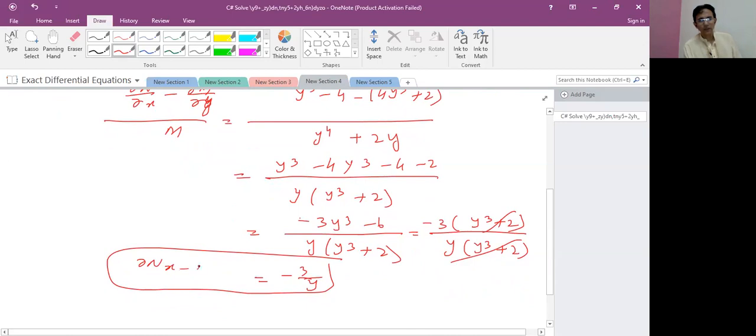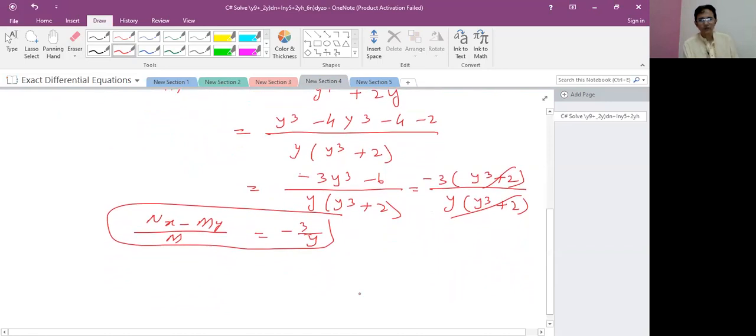In another way, if we write it in short form, it is the difference upon m. After that, we find the integrating factor, because it is f of y, because this function depends on the y variable.